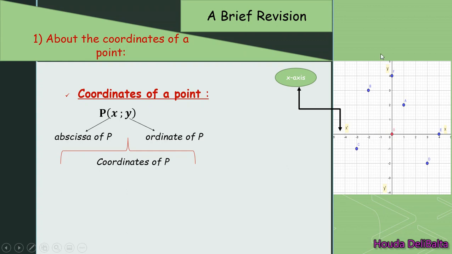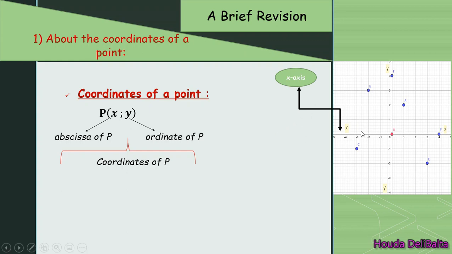The origin of this system, as you see, is O. And this is an orthonormal system where the axes are perpendicular and the unit on the x-axis is exactly equal to the unit on the y-axis. Of course, there are kinds of coordinate systems, but all we care about and are going to deal with is the orthonormal system.